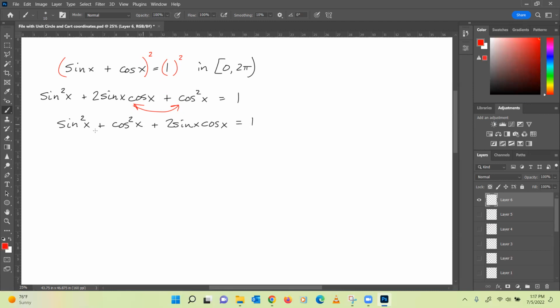Well, the reason I did that was what started this whole thing off. That identity, sine squared plus cosine squared, is 1. So now I have 1 plus 2 sine x cosine x equals 1. If I subtract 1 from both sides, I have 2 sine x cosine x equals 0.